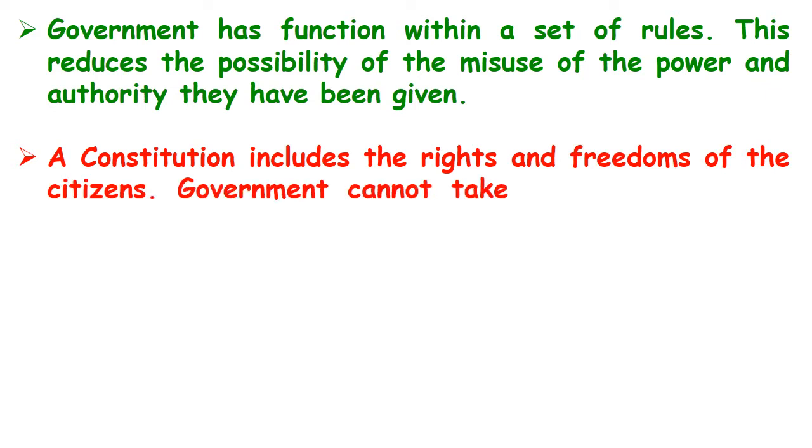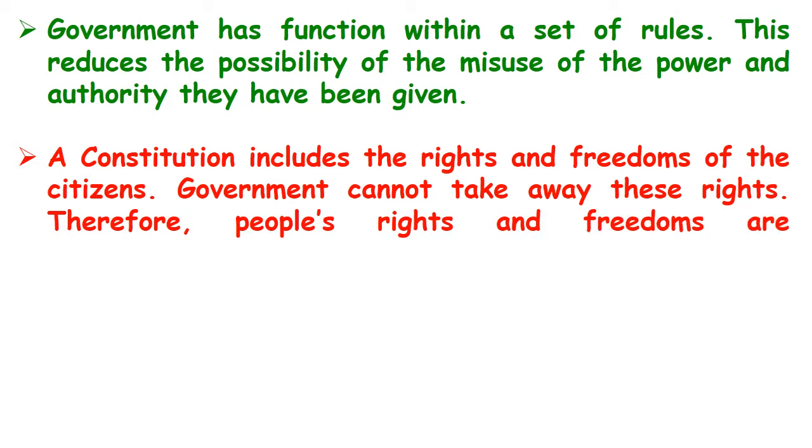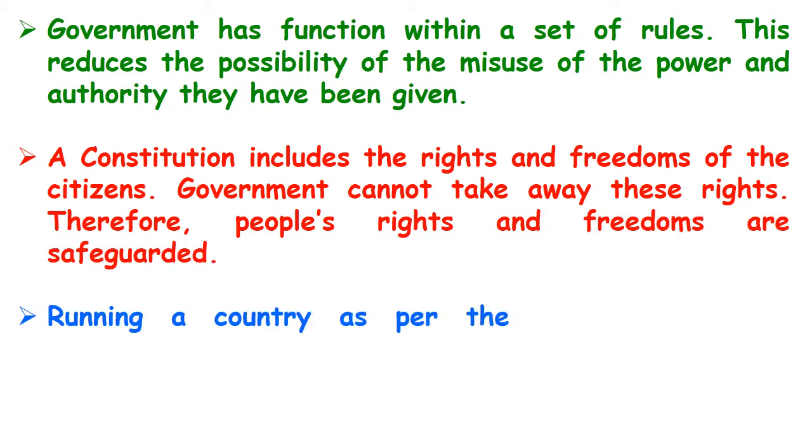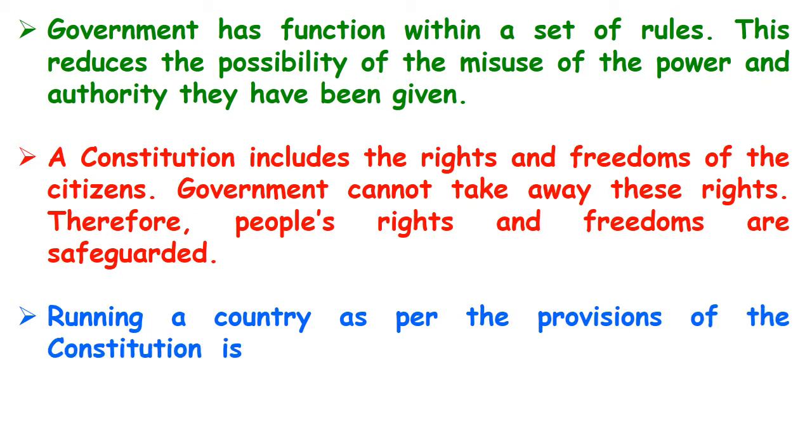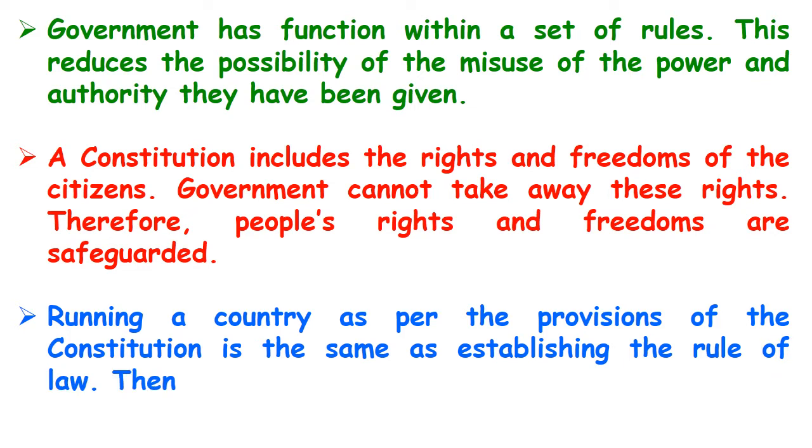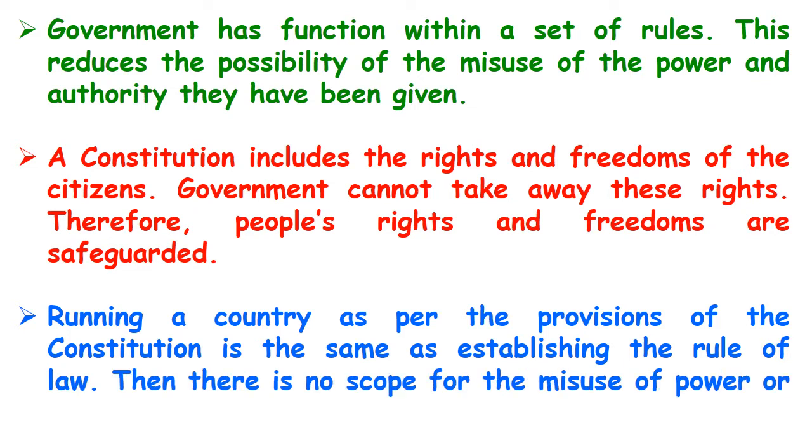Government cannot take away these rights. Therefore, people's rights and freedoms are safeguarded. Running a country as per the provisions of the Constitution is the same as establishing the rule of law. Then, there is no scope for the misuse of power or high-handed administration.